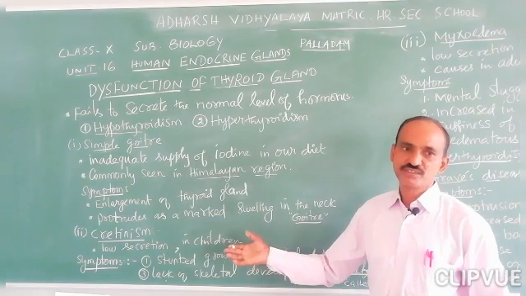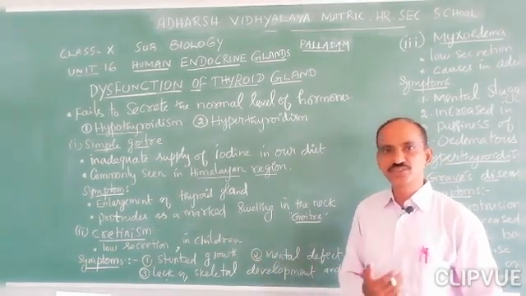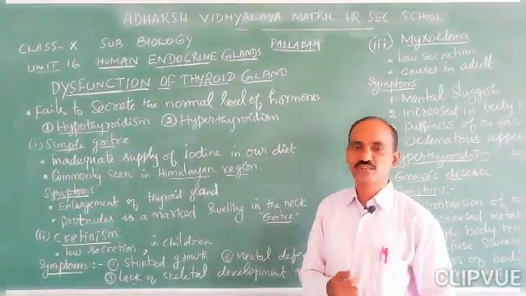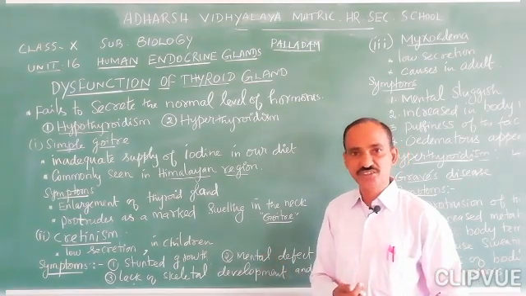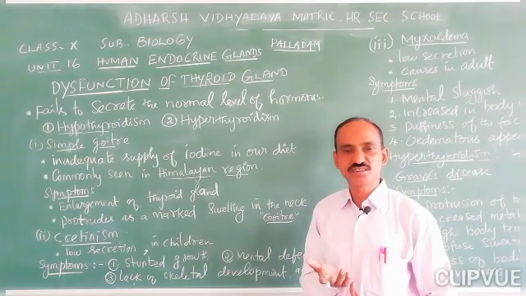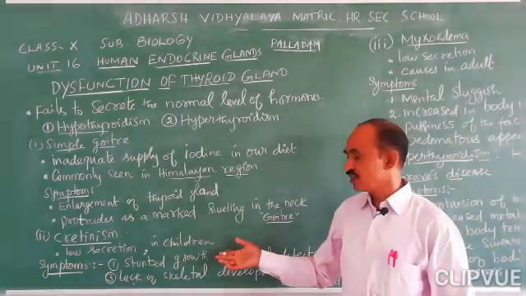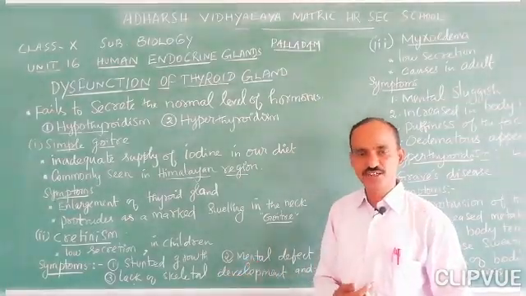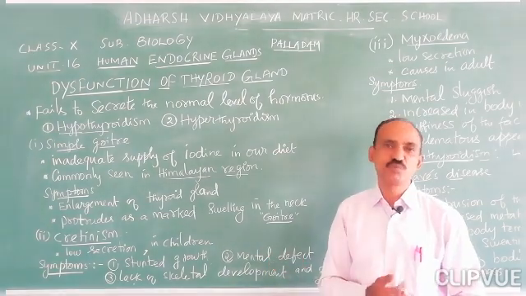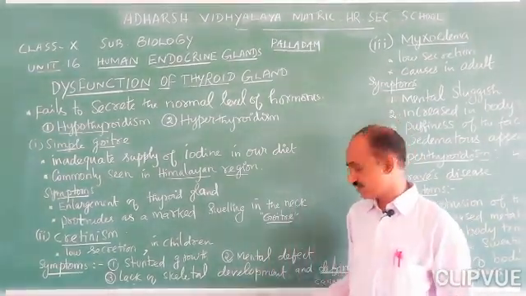Symptoms of cretinism: mainly stunted growth in children, that means growth stopped or very short; mental defect, a confused mind, they can't think what is right and wrong; then lack of skeletal development and deformed bones, that is called cretins.